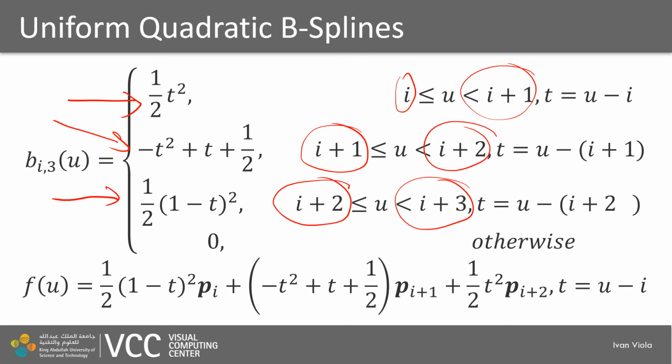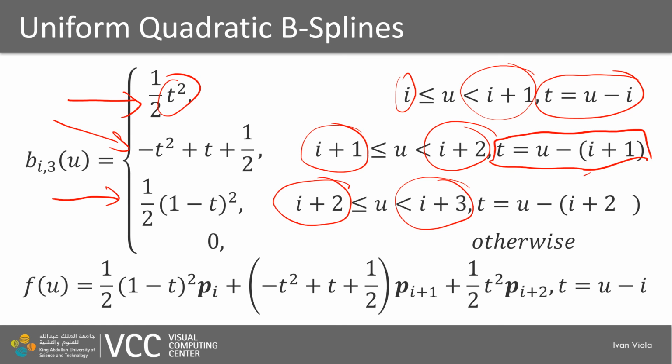We are using in this formula t, which in this case is u minus i. So it is the same thing as we had before, but squared. And then u minus i plus 1 will be the t for the second part, which is the other quadratic segment.